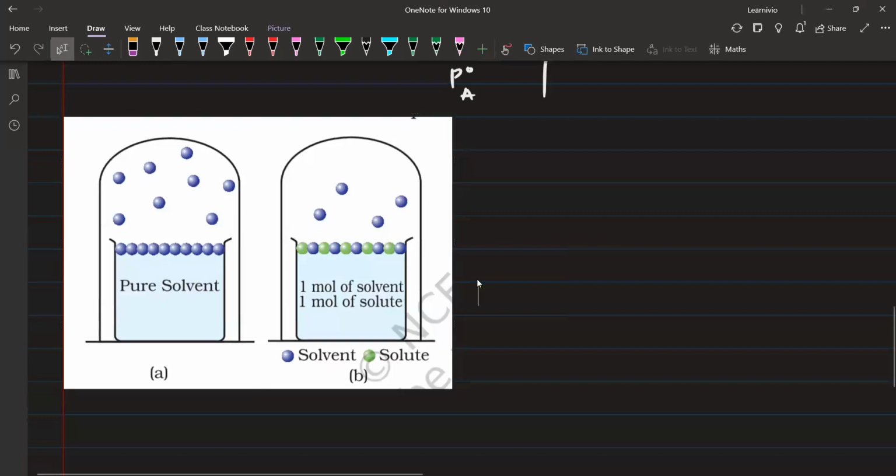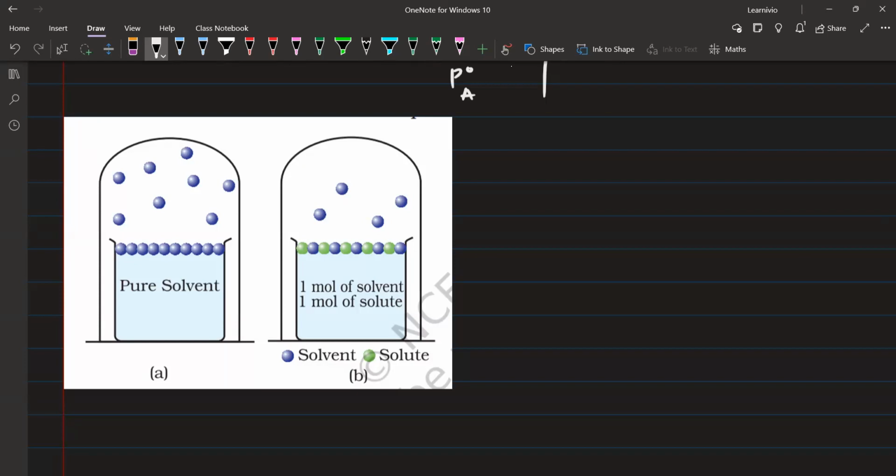See, now you don't need to write this whole thing. I just want to show you something. When we have a pure solvent, only the solvent particles are on the surface. Whatever is on the surface has a tendency to move out. They can escape and get vaporized. But when we add solute particles, solute which is solid, the solute particles will also occupy some of the surface area.